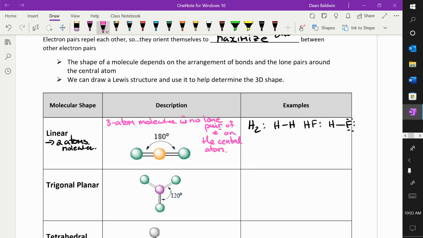Okay? So you can have three atoms. It'll be linear, i.e. 180 degrees between the bonds, if there is no lone pair of electrons on the central atom. So this is things like CO2. There you go.